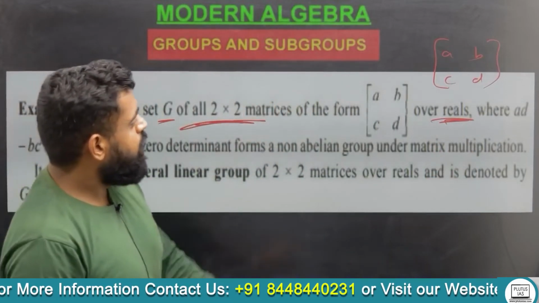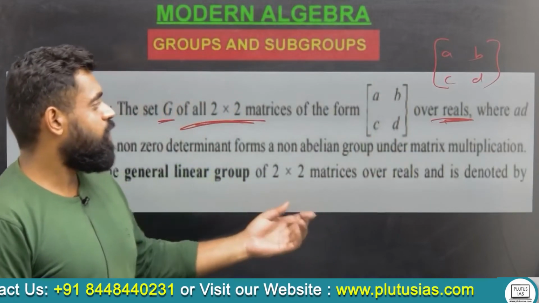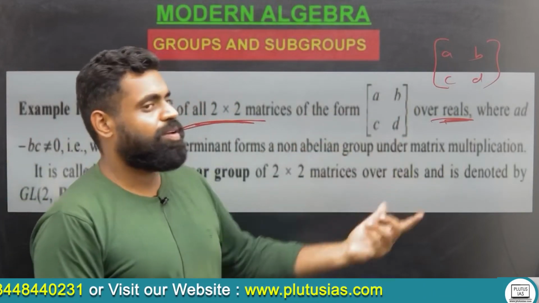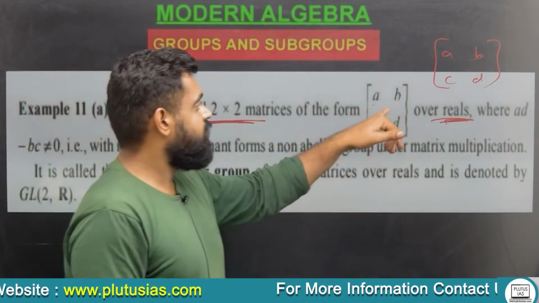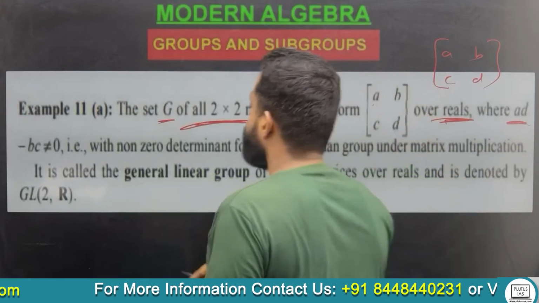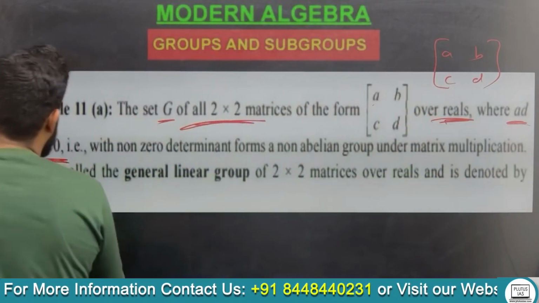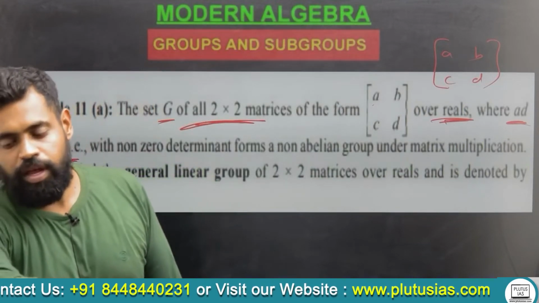Over reals means A, B, C, D are real numbers. If I say over complex numbers, then A, B, C, D could be complex numbers. Here a condition is given: AD minus BC is not equal to 0, that is, the determinant of this matrix is not equal to 0.